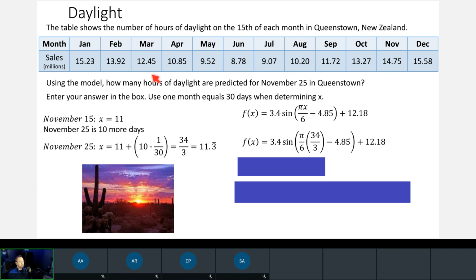All right. Everyone type this in and then tell me what you get for your answer. What's the answer? Somebody.